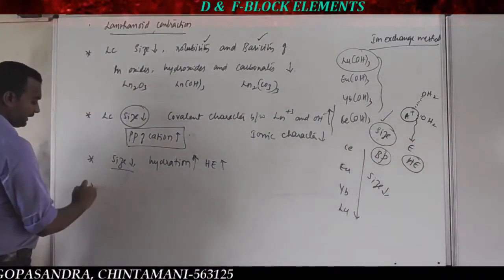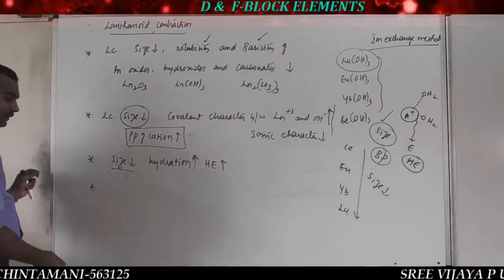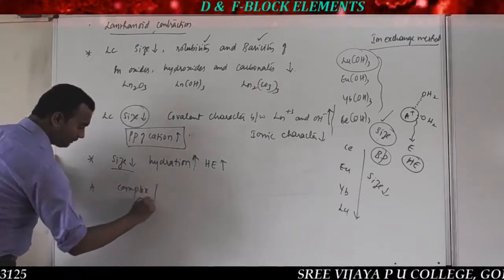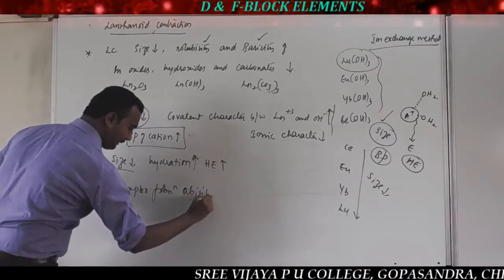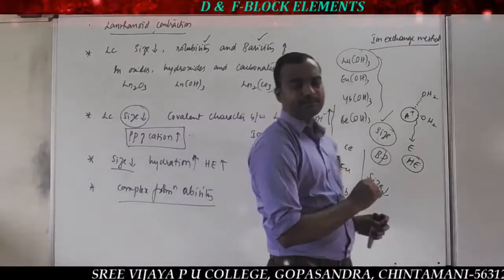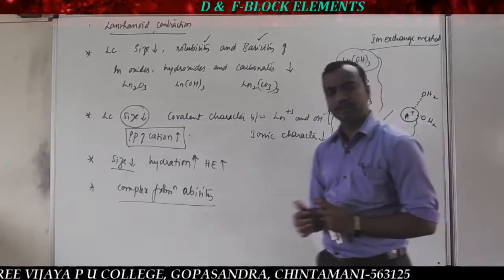So one more and very important last application, the last concept regarding lanthanum contraction. We know the complex formation capacity or complex formation ability of the f-block elements, that is lanthanides. Of course we know that d-block and f-block elements usually form complexes.